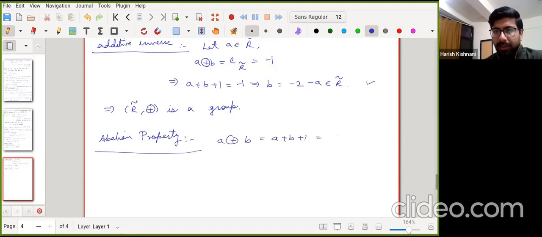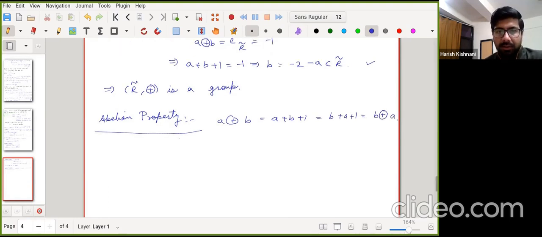So we can just write A plus B as B plus A plus 1, and that is the same as B addition with A, right? So the abelian part is also there. So this is not just a group, but an abelian group.